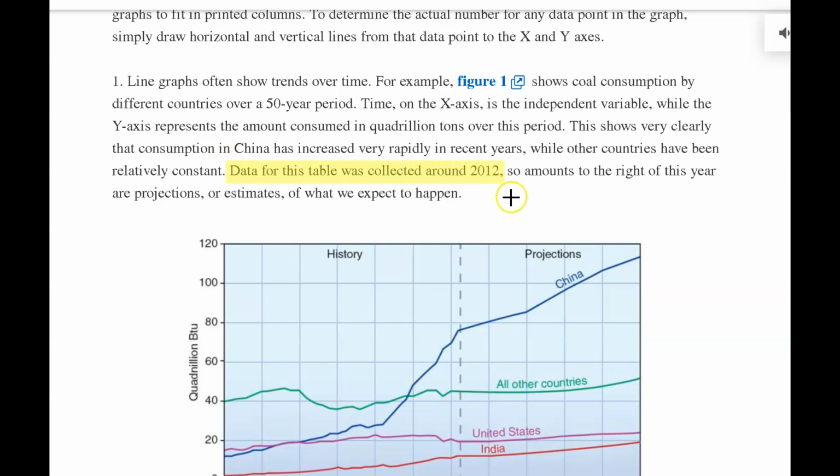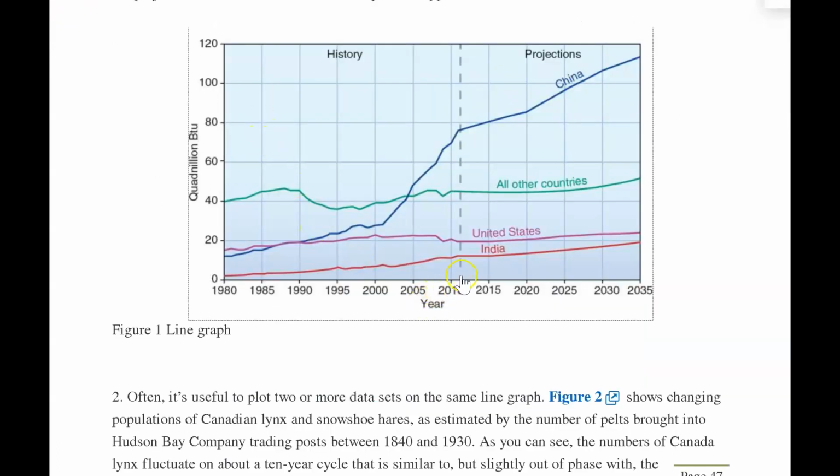And so probably if we would interpret the same type of data in 2020, which is 8 years after 2012, probably there would be some changes, right? And what is shown here in this graph, this is 2012. So up to this dotted line, these are actual data. After this line, this is modeling, right? This is projection.